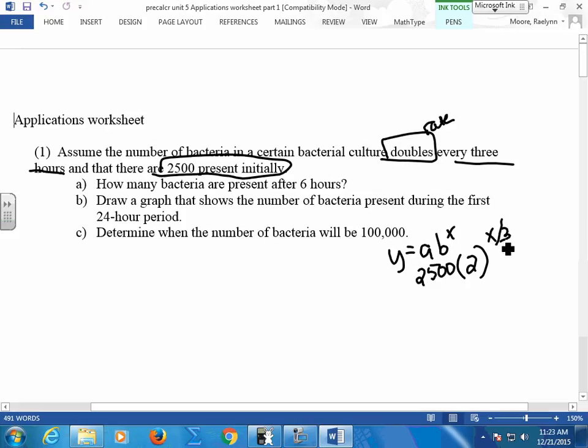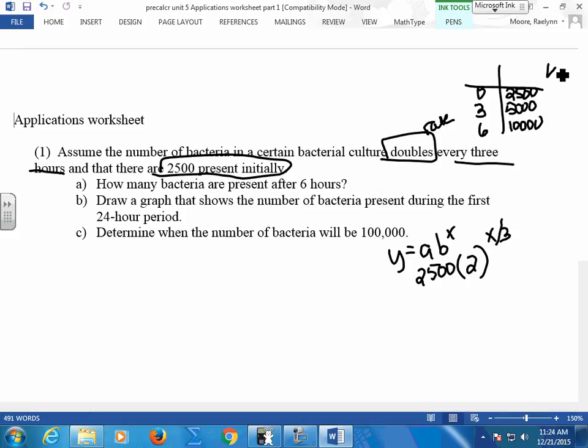So if I made my own chart, I would say at the 0, I started out at 2,500. At the 3, I'm doubling. 5,000. When do I double again? 6, and I would double this. This is a good indicator to do, because you can think that through. And then when you graph it, you can actually see it in your table.